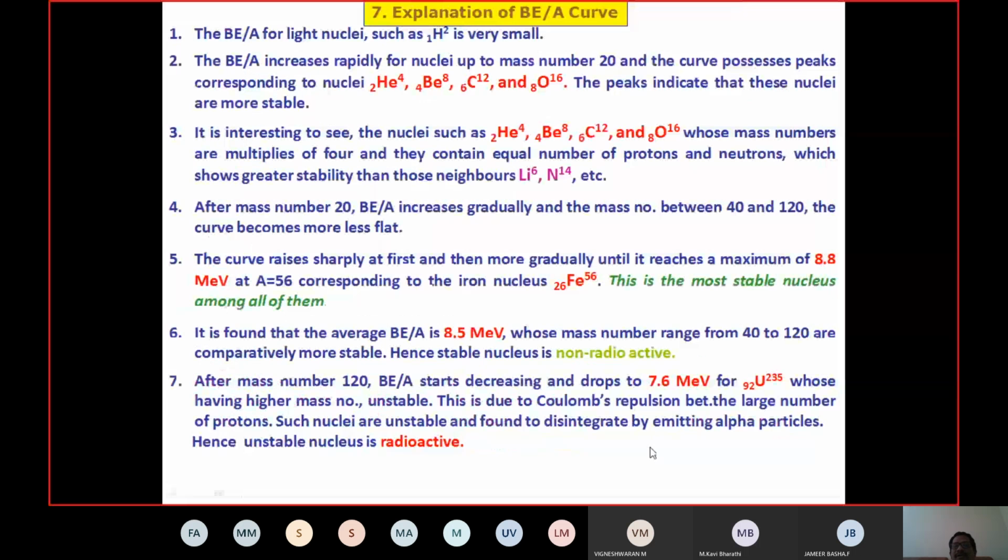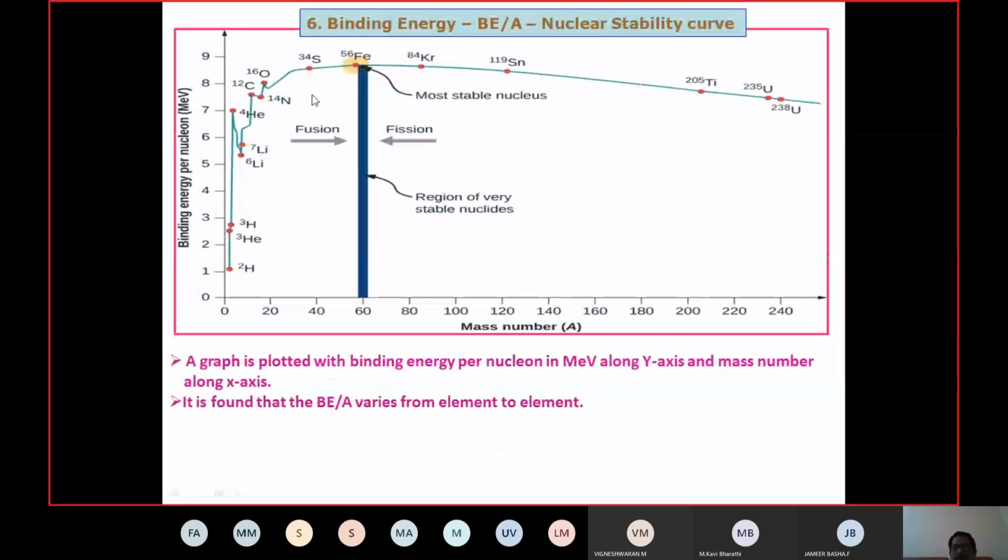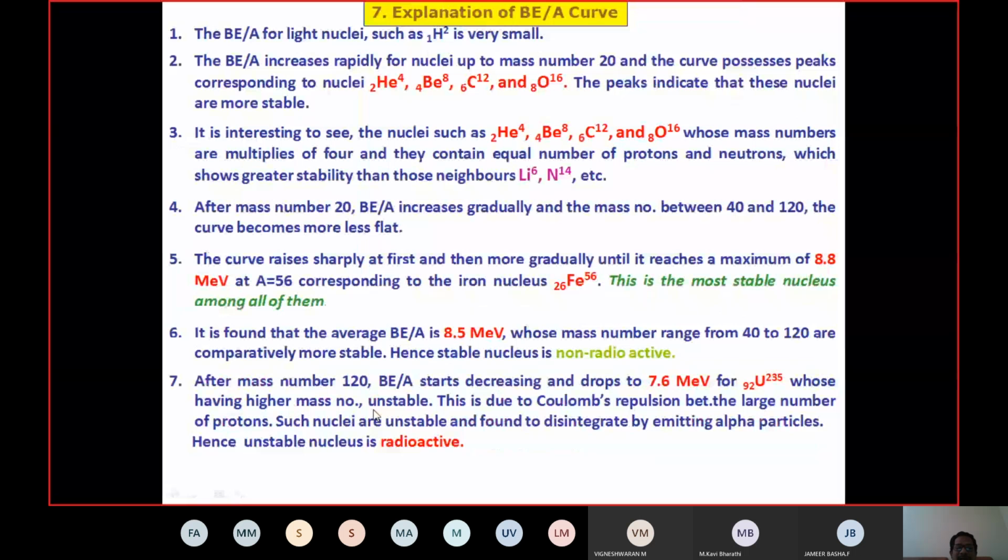Uranium has a higher mass number, but it is very unstable. This is due to Coulomb's repulsion between the large number of protons. Such nuclei are unstable and found to disintegrate by emitting alpha particles. Hence, an unstable nucleus is radioactive.